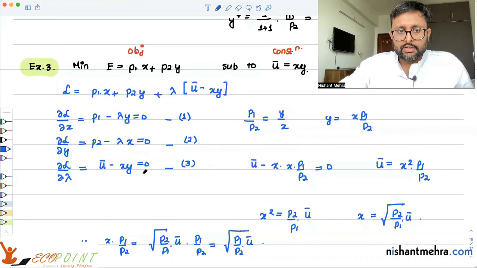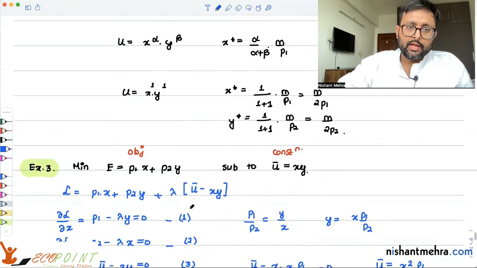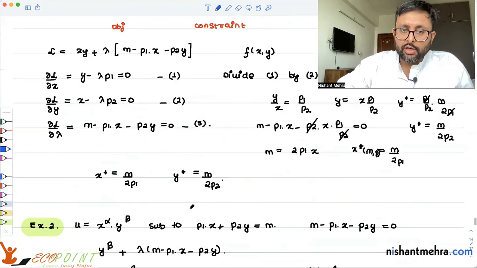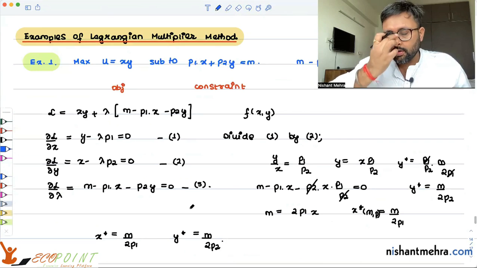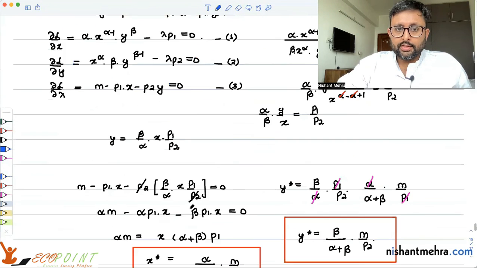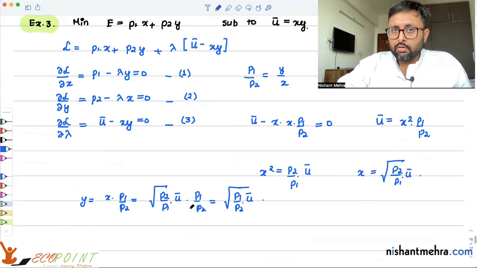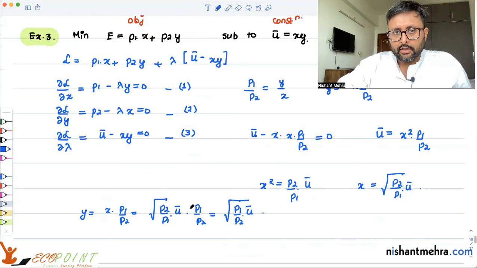For your knowledge, the demand functions which you get from the expenditure minimization problem are called Hicksian demand functions. And the demand functions which you were getting from the utility maximization problem were called Marshallian demand functions, right? So this is the simple rule for your Lagrange multiplier technique.